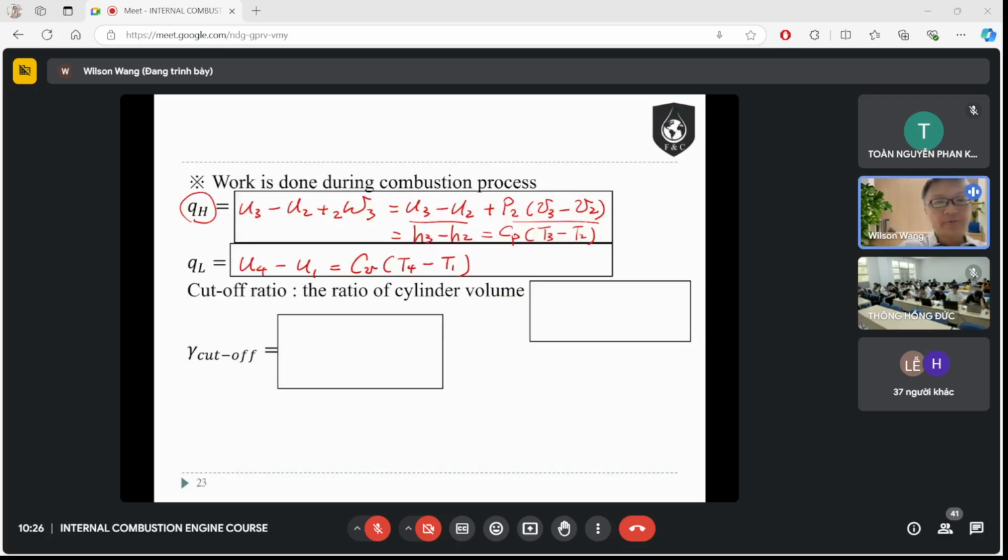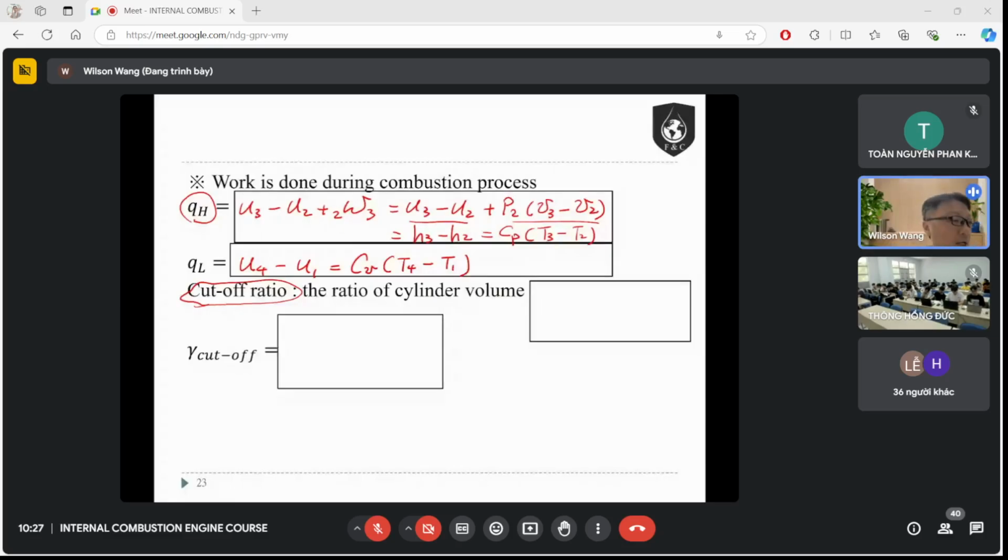So there will be a cutoff ratio, which is the ratio of the cylinder volume. During the combustion in the Otto cycle, the volume is not changing, so V2 is equal to V3. But during the diesel cycle, volume is changing.